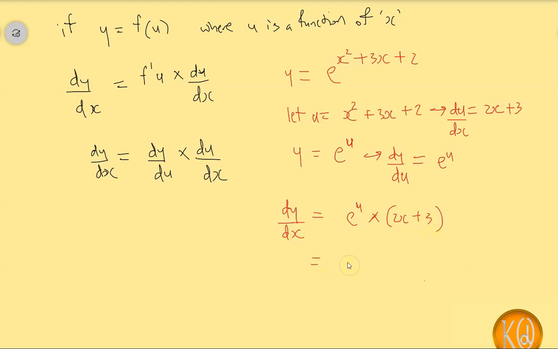Now we can just put the 2x plus 3 at the front. Now remember that u is x squared plus 3x plus 2. So that's e to the x squared plus 3x plus 2. Great, and that is our answer.